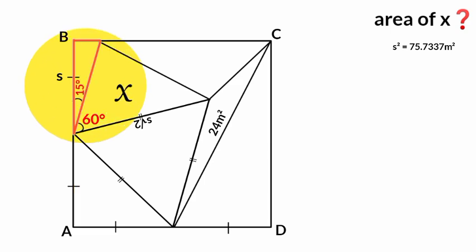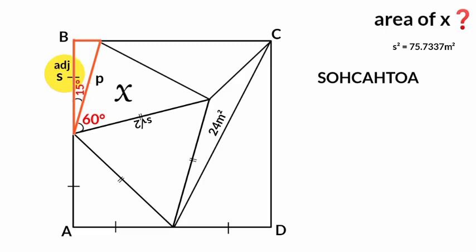Now from this triangle, we can use the SOHCAHTOA tool to relate this side and this side here. Let's say P. From this angle, this is adjacent and this is the hypotenuse.